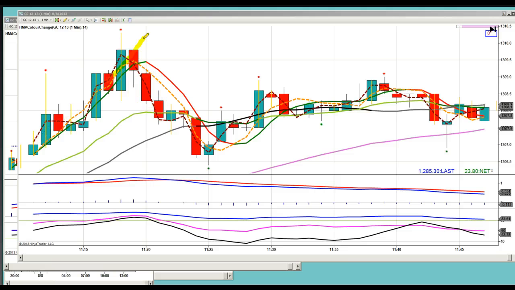Here the price is pushing north of the border. There's your mountain north of the border. And here the price is pushing south of the border. So what you're looking for is to enter at the top of this candle going lower. Does that make sense? A lot of people have trouble with this positioning on the HMA. So I want to make sure that you understand which side of the fence you're trading at.